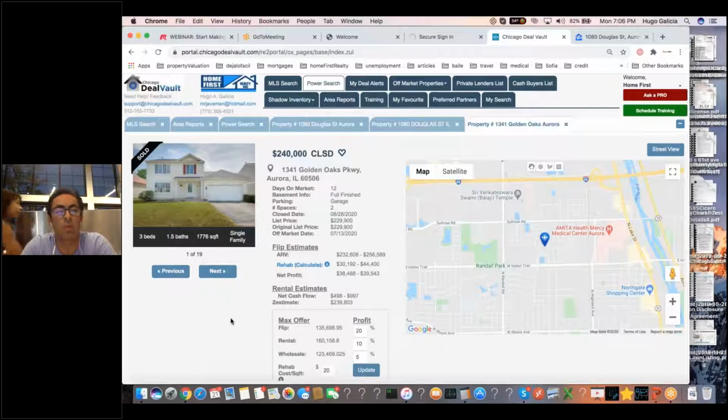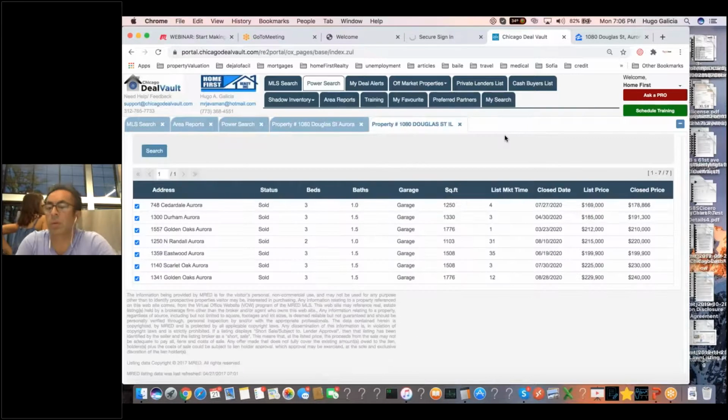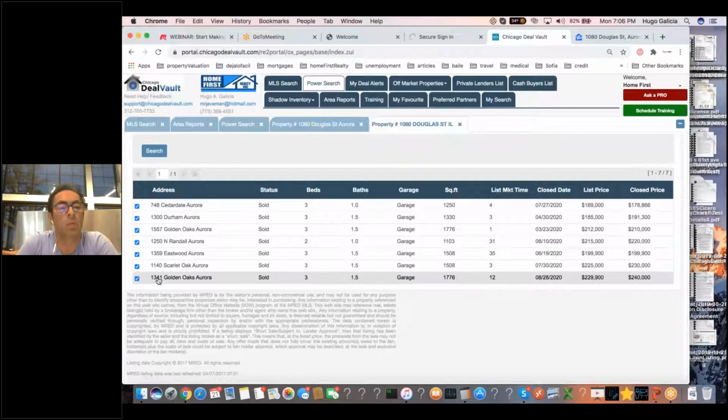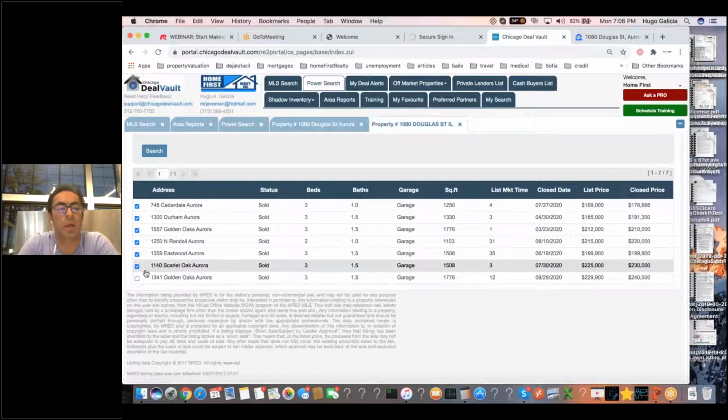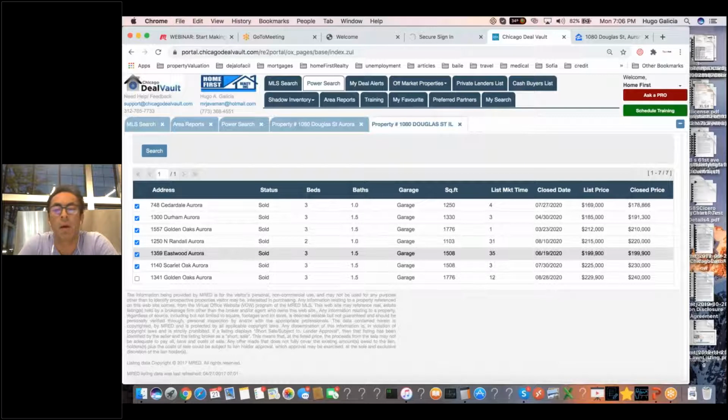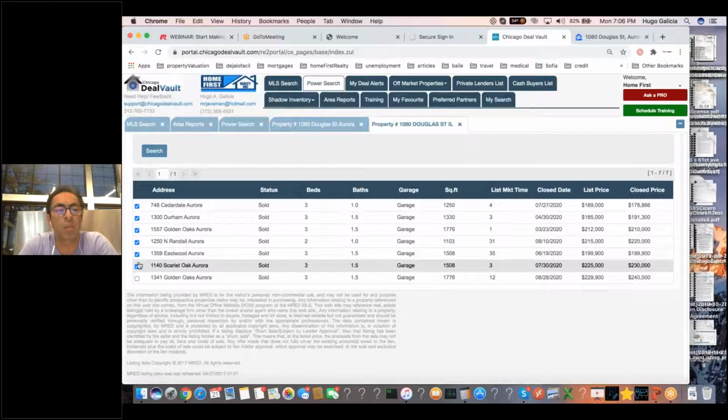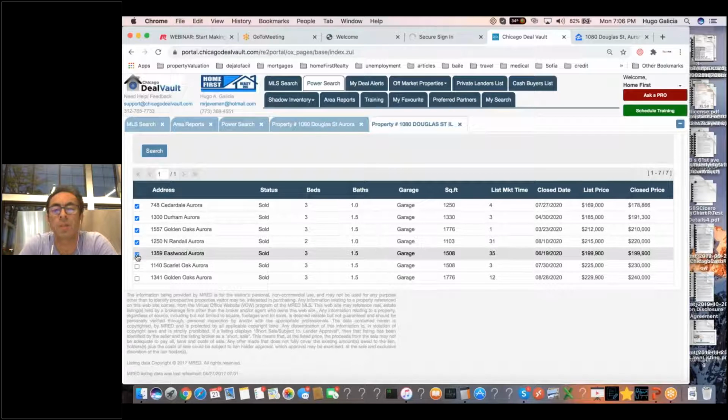Okay, so we're gonna remove this one, 240, 230. This is 1,500 square feet. So these are a lot bigger. Okay, so we're gonna remove these. So I think it's between these.